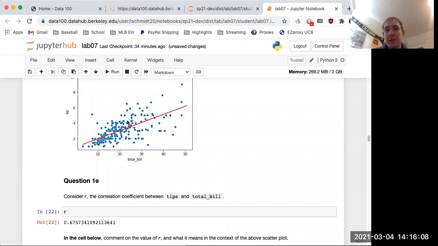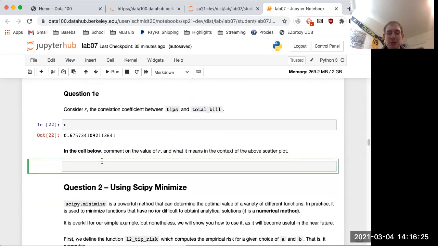It's not always the case. For example, here's a total bill of about 30 and a tip of about 6. Here's a total bill of about 45 and a tip of about 3. So it's not always going to be the case that as you increase total bill, tip increases, but on average, it'll increase. So that's the first thing we could say: it's positive, so upward relationship, something to that effect.